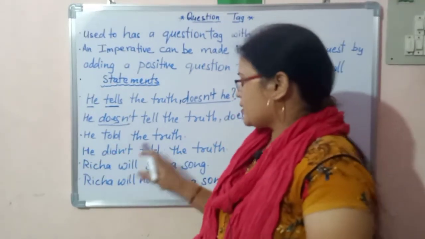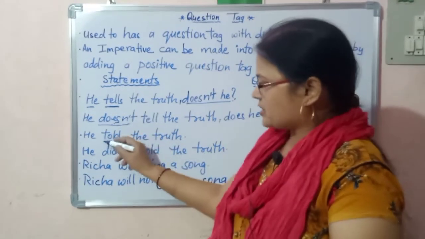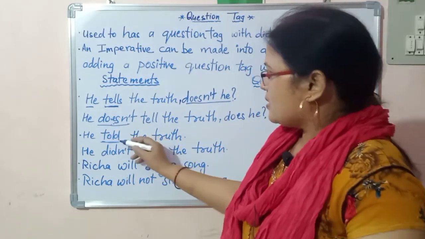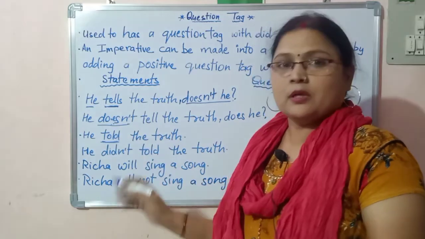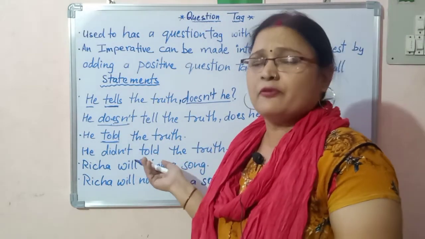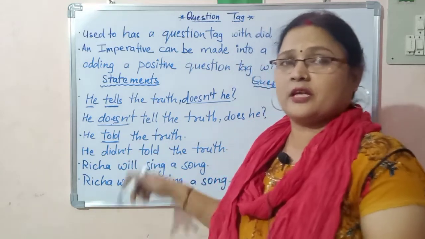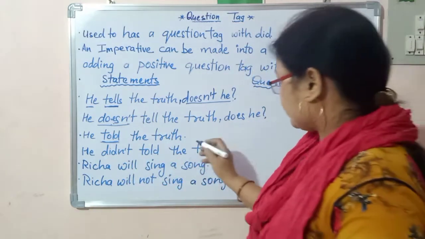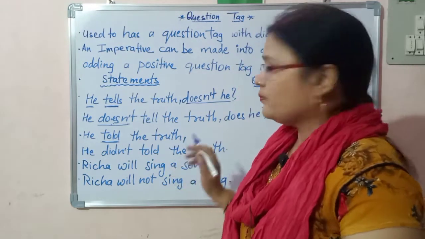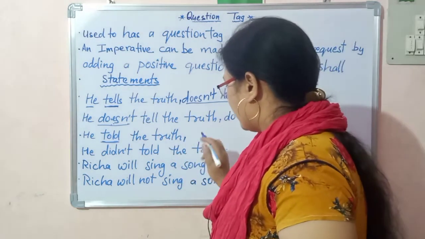Next, he told the truth. And here you notice V2, no helping verb there, main verb V2. It is simple past. So before we had learned, if V2 there, then we use did. As I told you, comma, no full stop we can use here.